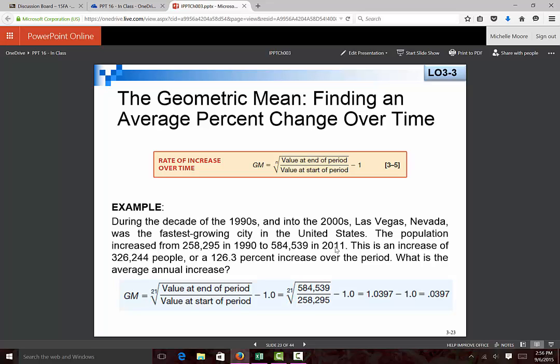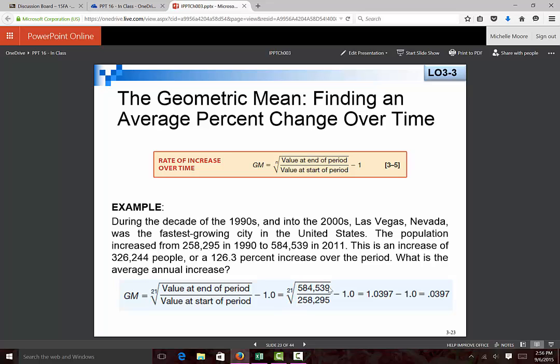And so this is a pretty straightforward equation. We're going to have the value that was at the beginning of the period in the denominator. So we started with a population of 258,295. Okay, and then we ended at the 584,539. So that goes in the numerator.